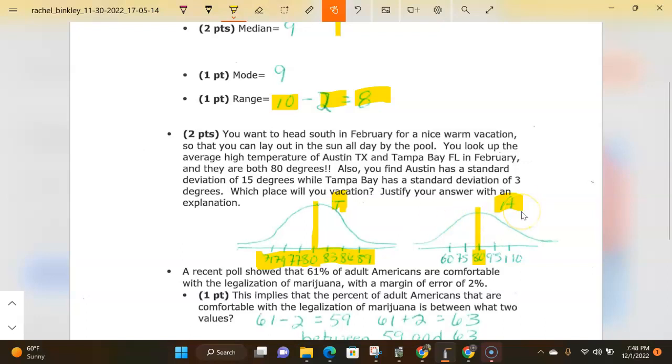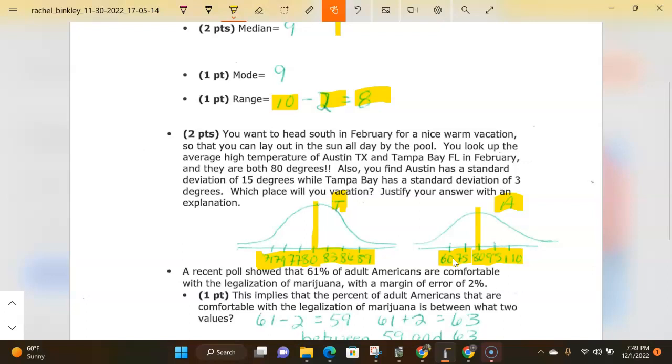If you look at the Austin one, though, since the standard deviation is 15 degrees, I only went 2 standard deviations because after 80, we had 95 and then 110, and the next one would be so hot, I don't think it probably ever gets that hot in Austin anyway, so I just stopped it there, and then down to 75, and then 60, and the next one would have been 45, right?